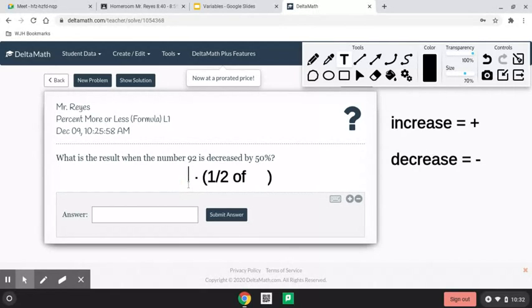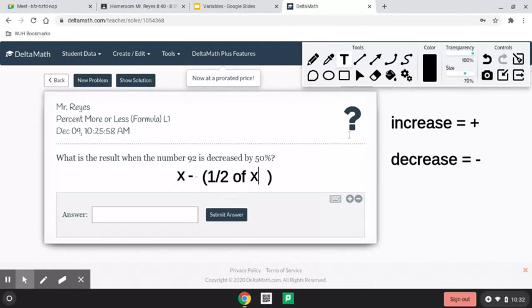Fix that minus sign. So we will say x minus 1/2 of x.